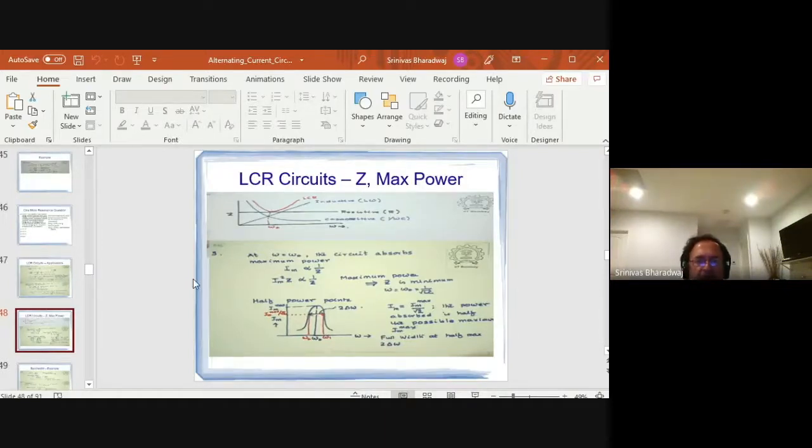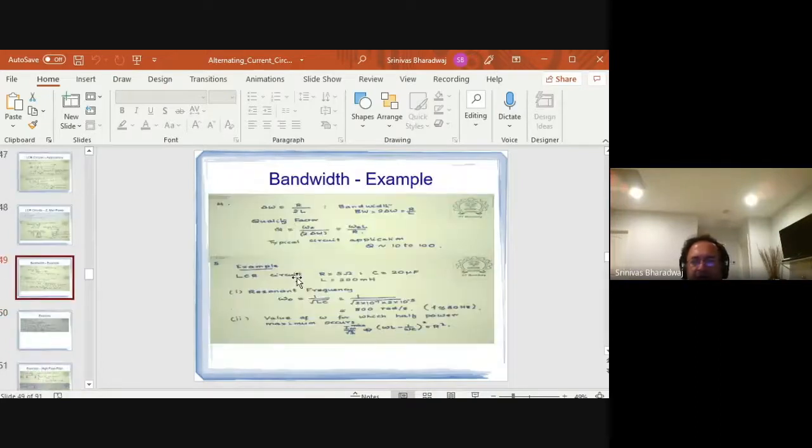Okay. So now let us go to the next factor. Delta omega equals R by 2L, right? And quality factor equals omega naught by 2 delta omega. 2 delta omega is what? It is the bandwidth. So quality factor is the resonance frequency divided by the bandwidth. Okay.